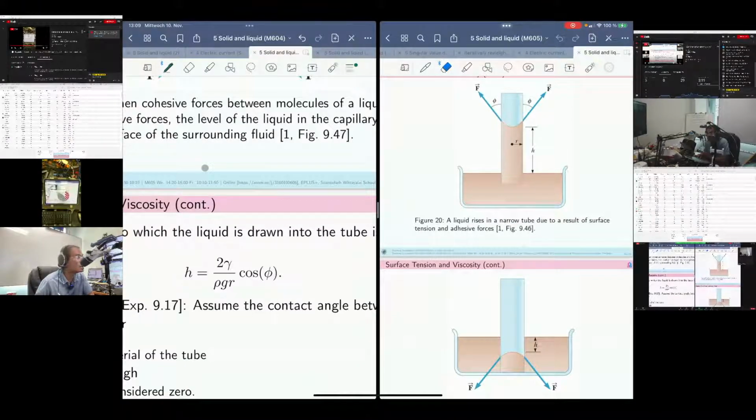That's the first quantity that you may have heard before, the density. The next one is the gravitational acceleration on Earth, which is 9.8, or the number 10 if you want. Up to you which one you want to use.